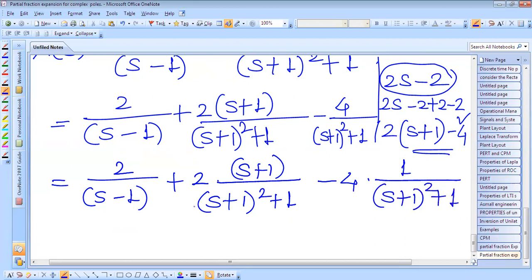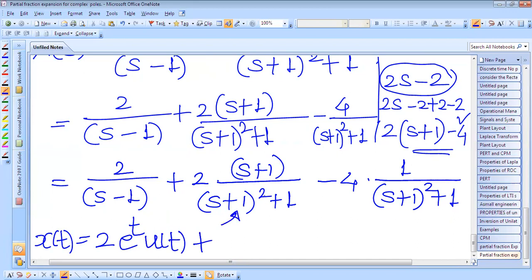Now we can find the inverse Laplace transform of the equation. So what is the inverse Laplace transform of X of s? It is x of t on the left hand side. And what is the inverse Laplace of this term? 2 is there, and as the negative sign is there, it will be positive, so 2 e raised to power t into u of t. Plus, what is the inverse Laplace transform of this second term?